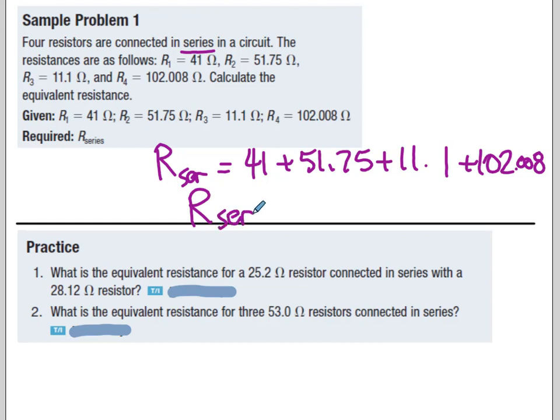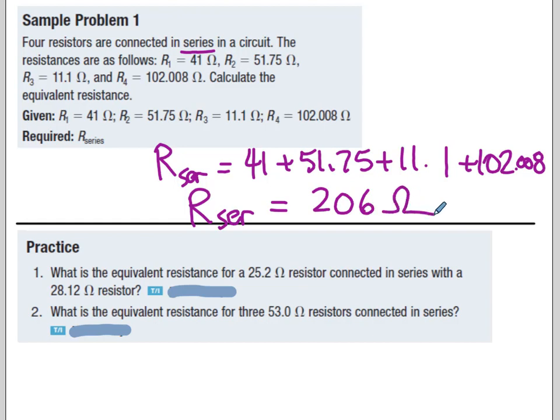Okay, and then the series resistance, the equivalent resistance, you would just add those up. Now why they chose that ridiculous last number, I don't know, but we can deal with it. So we're looking at about 206 ohms resistance would be equivalent.